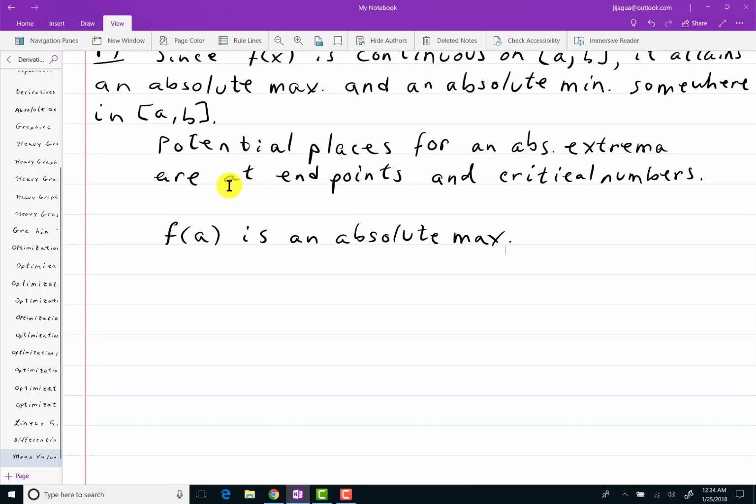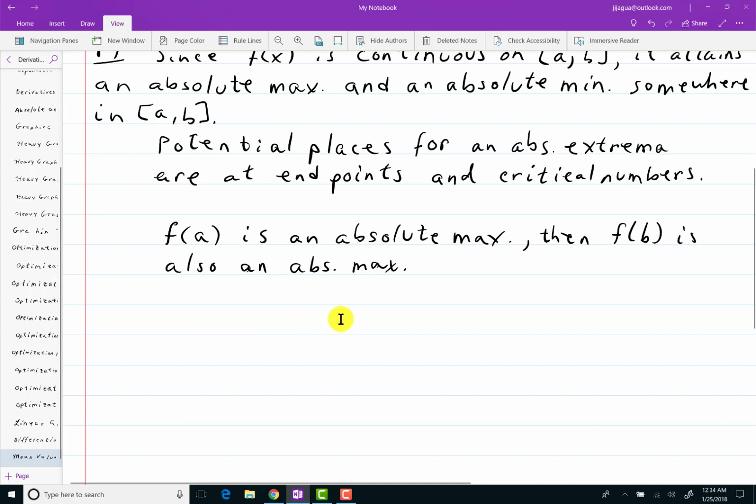If the function is constant, its derivative is zero. So that's not a big deal. If f of A is an absolute max, then f of B is also an absolute max. So the absolute min has to be somewhere in AB.